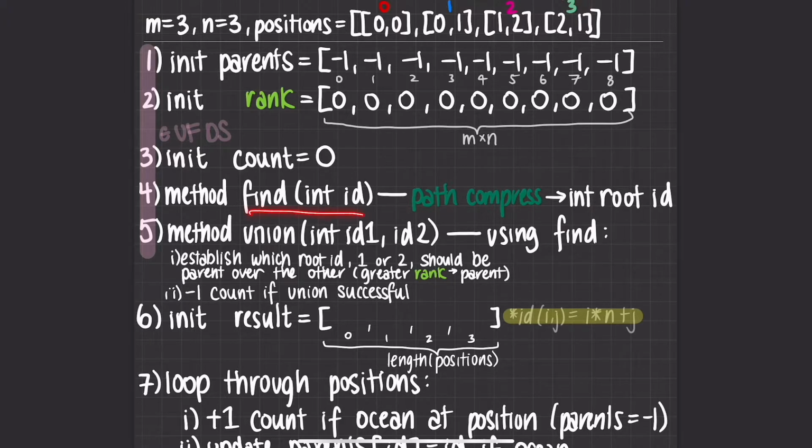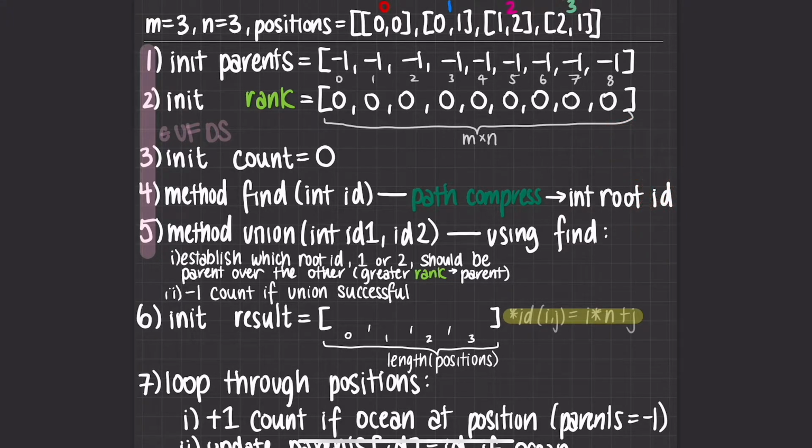This is going to count how many islands we have at one time. And then find and union methods are the same as you would expect from any other UnionFind data structure, except with our find implementation, we're going to use path compression. So we're not going to care that we hold exactly the parent above. So let's say we had something like this. In compression, the parent of this node right here is ultimately going to be compressed to this node right here, even though the direct parent is this.